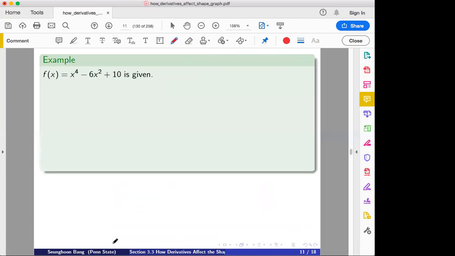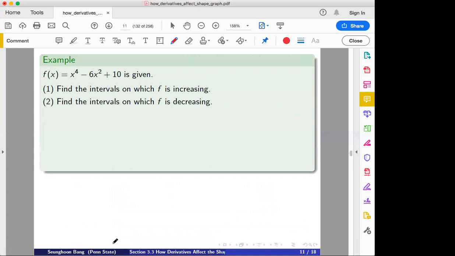The function f of x equals x to the 4th minus 6x squared plus 10 is given. First, find the intervals on which f is increasing. Second, find the intervals on which f is decreasing. Third, find the local maximum values and local minimum values of f.